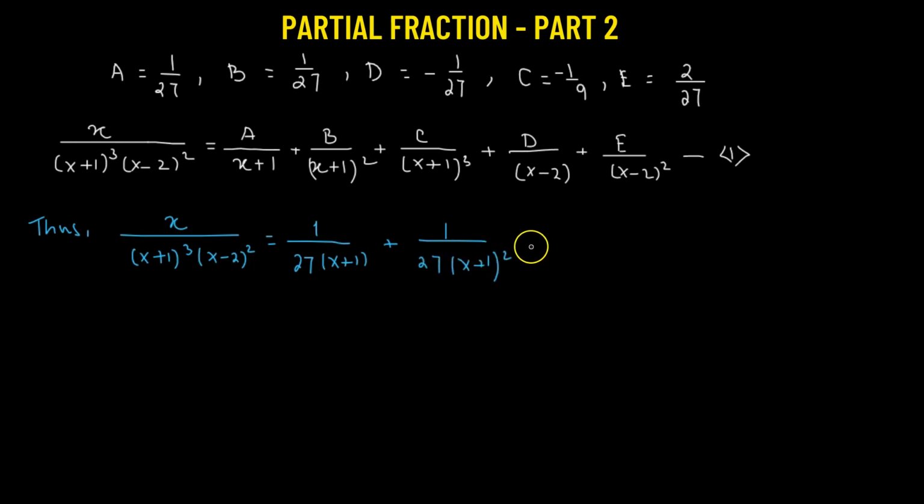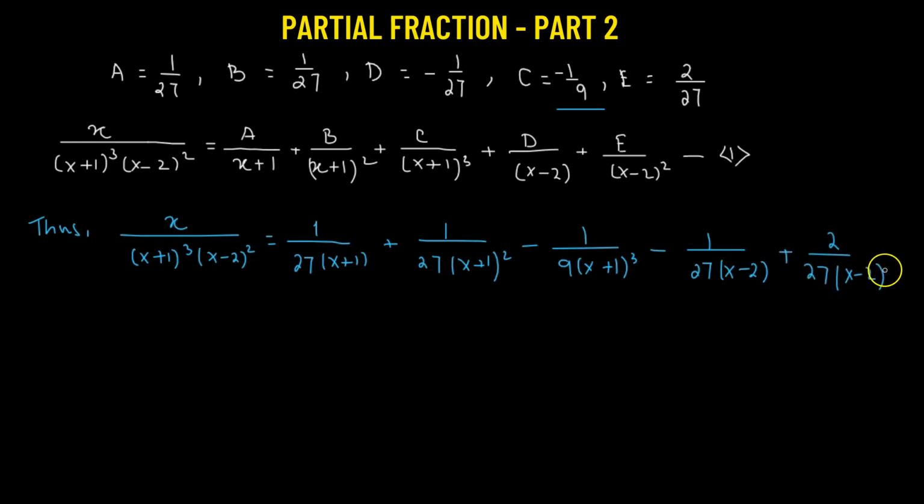Then c value, that's negative 1 over 9, so we have negative 1 over 9 times (x plus 1) whole cube, and our d value will be negative 1 over 27 times (x minus 2) plus e, which is 2 over 27 times (x minus 2) squared. So this is going to be the final result.